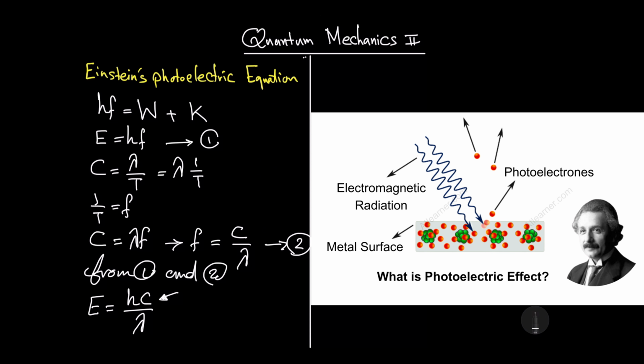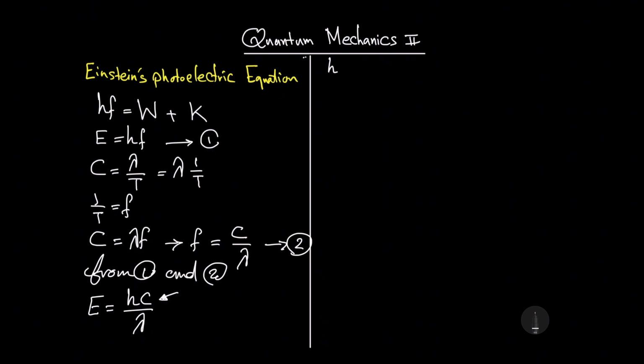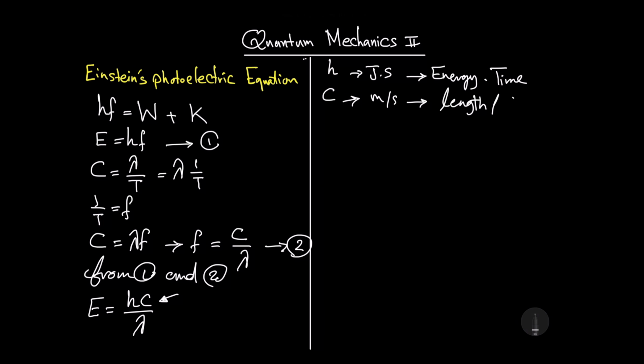As we know, Planck's constant h is expressed in units of joule second. Planck's constant actually is a multiplication of energy and time. And also the speed of light is expressed in units of meter per second. This means that the speed of light is actually a length per time.